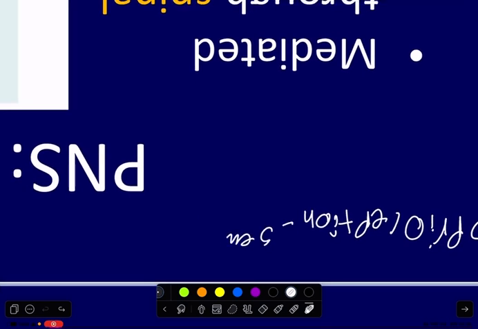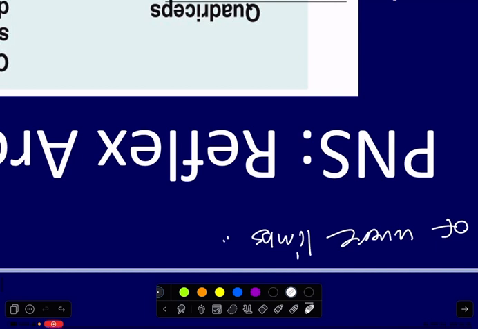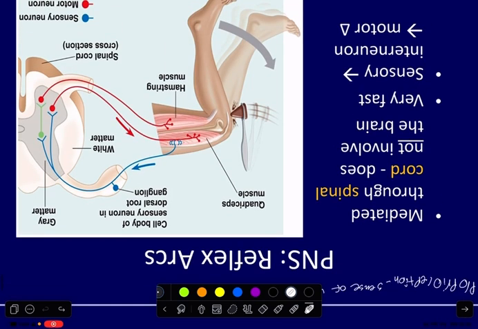So you have a sensory cell, it goes to the spinal column. There's an interneuron here that it connects with. Then these connect with motor neurons. One of them innervates the quadriceps muscle, causes it to contract. The other one innervates the hamstring muscle, but this actually doesn't send an impulse, so the hamstring relaxes, and that's how your leg can kick forward.